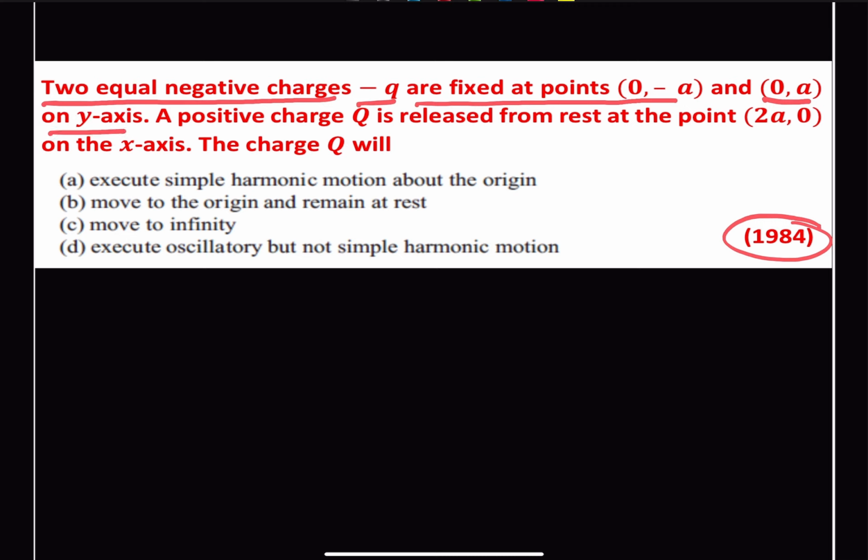A positive charge Q is released from rest at a point 2a, 0 on the y-axis. We have to find out what will be the behavior of the charge, whether it is going to go SHM or it will be oscillatory, how it is going to behave. So we can just draw a simple figure for that.